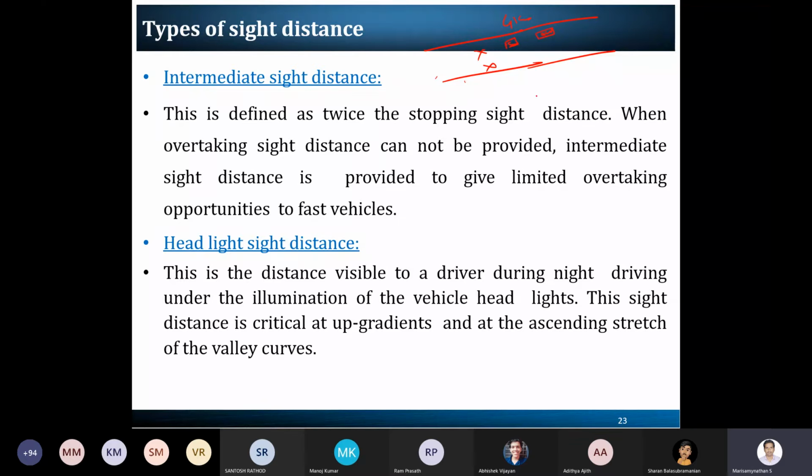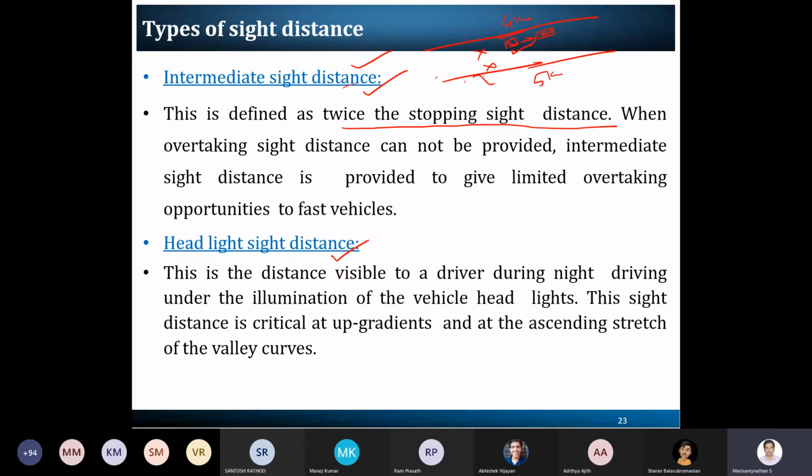It is not feasible for the fast moving vehicle to follow that slow moving vehicle for 5 or 4 kilometers. At that point, in the middle, maybe after 2 or 3 kilometers, we provide the intermediate sight distance, which is considered twice the stopping sight distance. Accordingly, when the designs are made, provisions are given for the fast moving vehicle to overtake the slower moving vehicle in that zone. That is considered the intermediate sight distance.